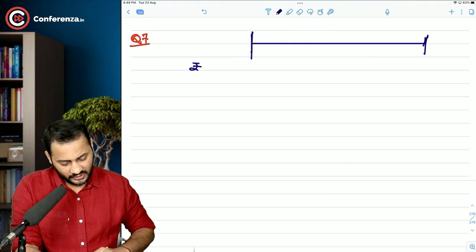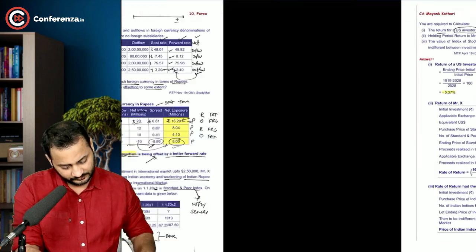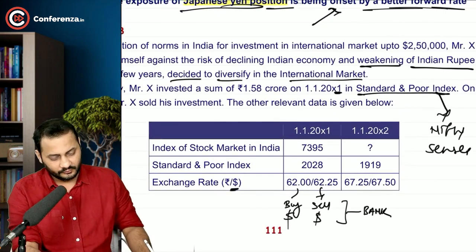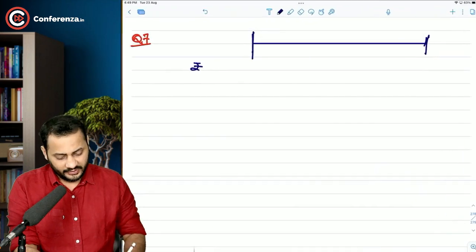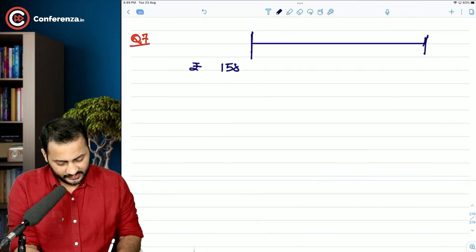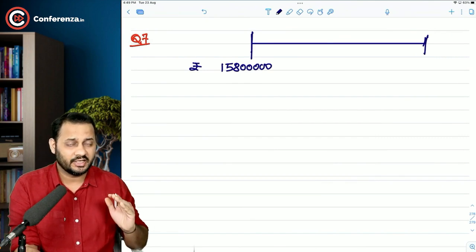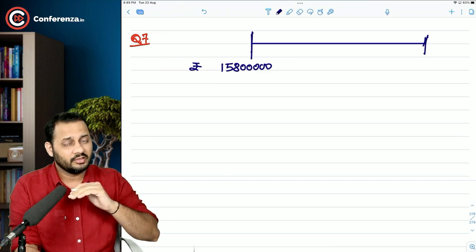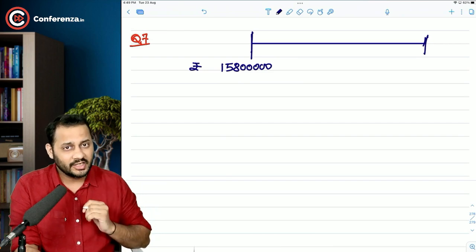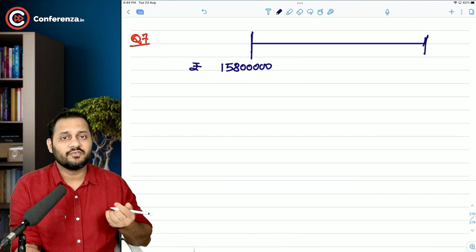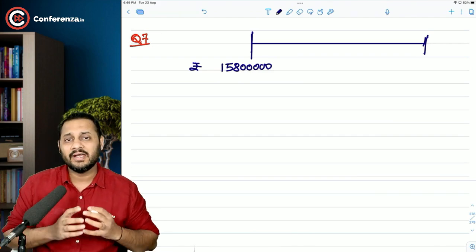We had around how much rupees? I will just show you. 1 crore 58 lakhs. Let me just write it. Okay. What we would have done on that date, we didn't invest in India. We invested in America. And we need dollars for that. Right? So first of all, in India, we are going to buy the dollars.